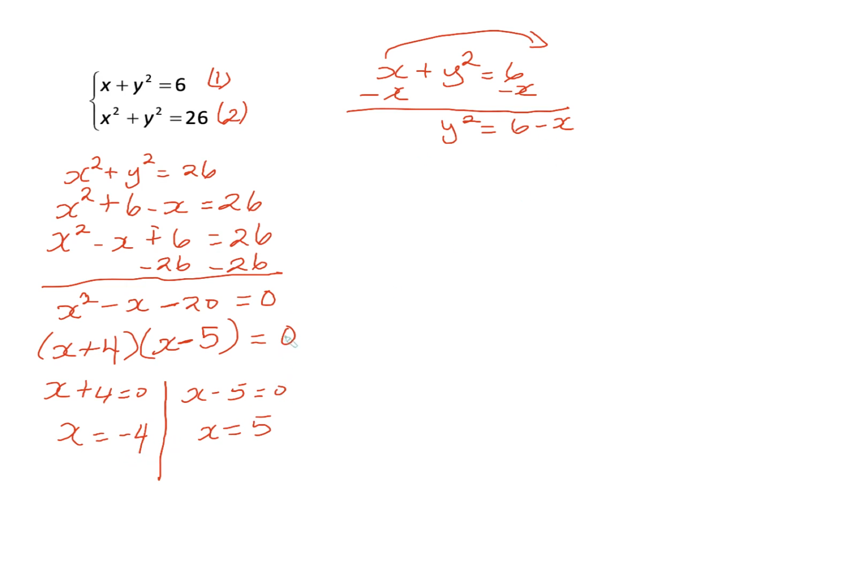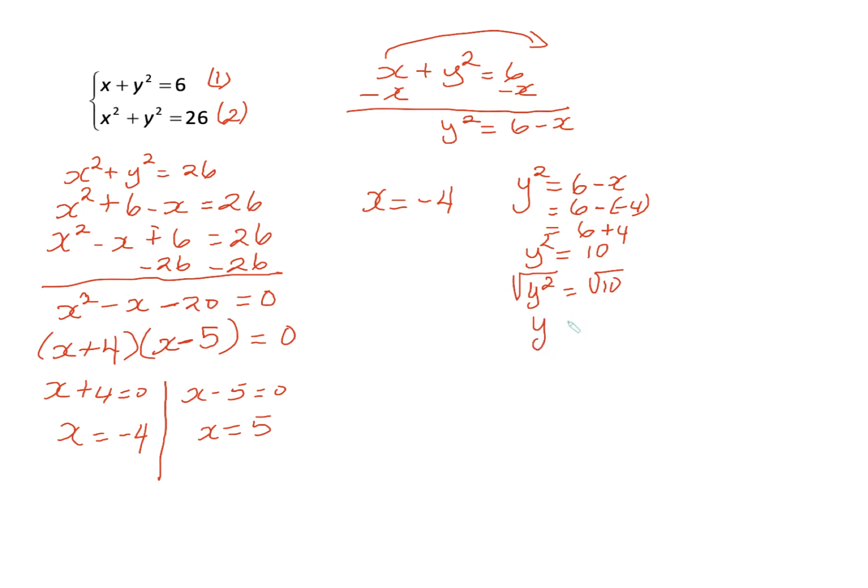Okay, we got to find a corresponding y. So let's start. When x has a value of -4, let's find our y. So you have y squared equals 6 minus x. So this will be 6 take away -4. So this is actually 6 plus 4, which is 10. So y squared equals 10. But we don't want y squared, we want y. So you're going to have to take the square root of both sides.